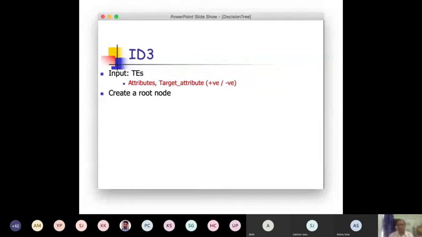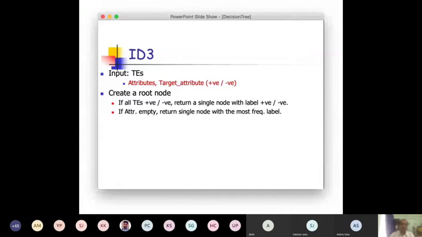Now the process is that we create a root node, and then we check the distribution in the training examples. If you find a very trivial case that all examples are positive or all examples are negative, accordingly we can label that node either as positive or negative.